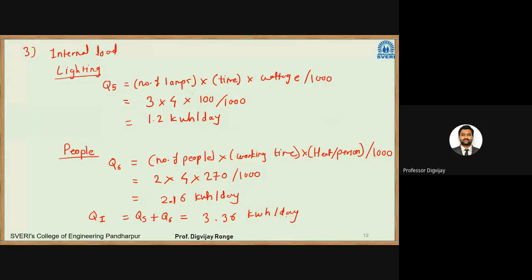Next thing is to calculate equipment load. So I am using some refrigeration system inside this cold room. In that case, whatever heat is released by the motor of the fan and by defrosting, we have to consider here as equipment load. So first I will consider the fan load. Let it be Q7.